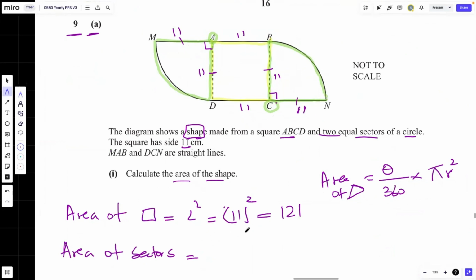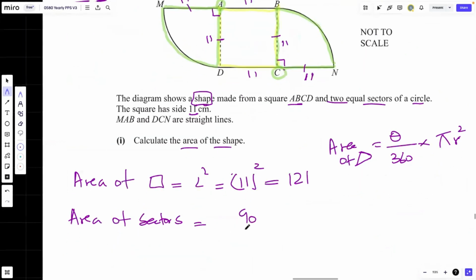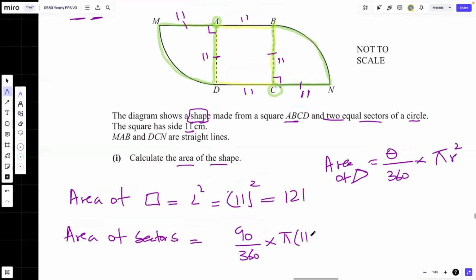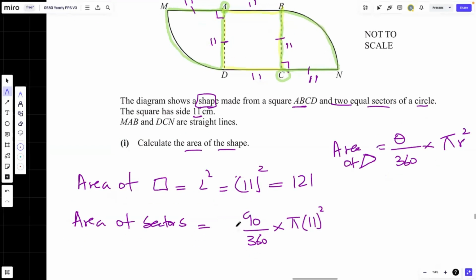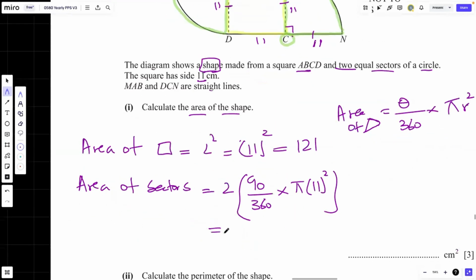So the theta in this case is actually going to be 90 over 360 times pi r square. R in this scenario is going to be 11. So that's 11 square. And since there are two sectors, I'm just going to times 2 my answer. I'll get the area of both the sectors here. So that's 2 times 90 over 360 into pi.